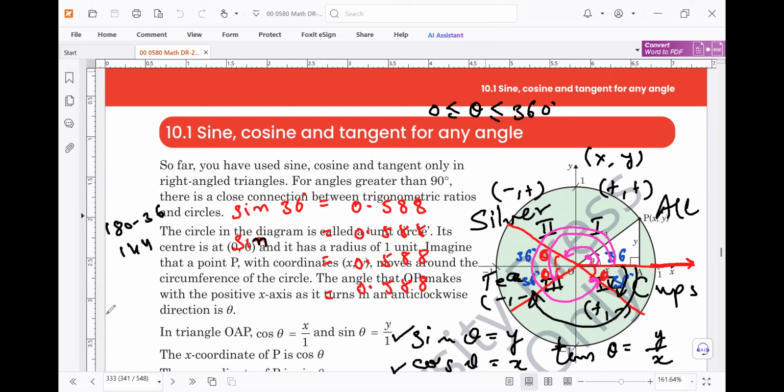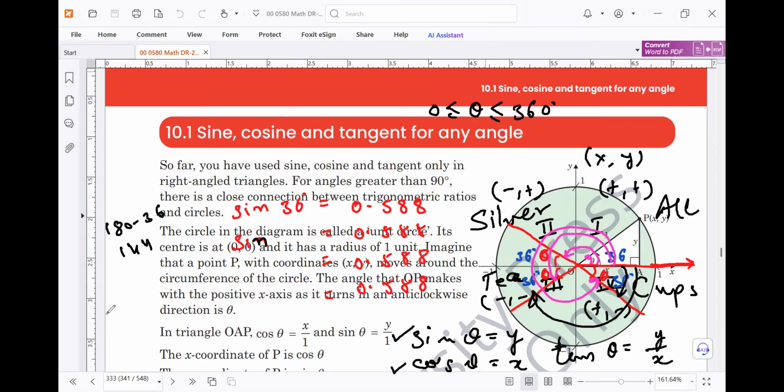Whose doubt is it? Akshara, go ahead. Sir, if this is 36, so the bigger angle, which is 144... Why do you want to take 180?